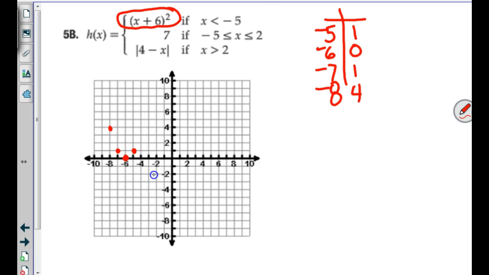What do I have to be careful of? The one at -5, 1 should be what? An open circle. Anybody see why you should use pencil?